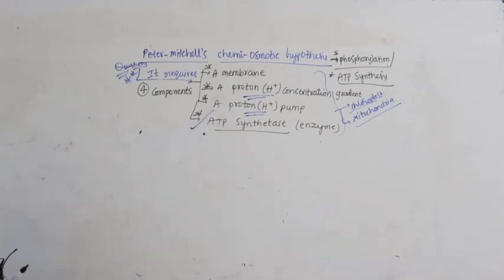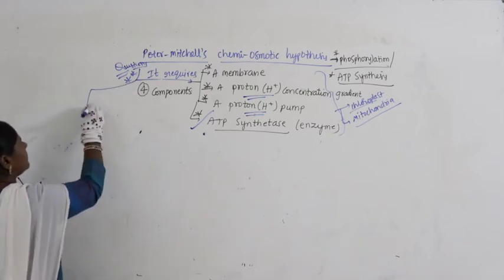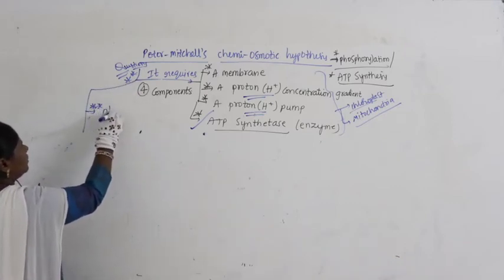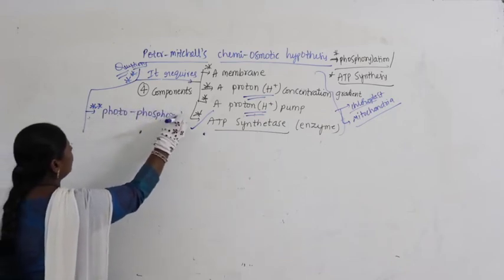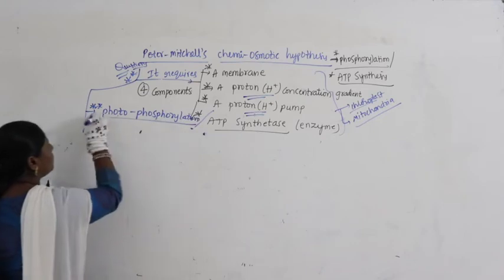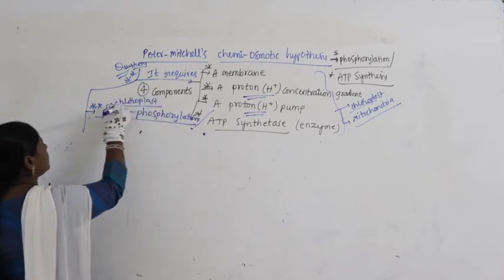Right. Before we start with the chemiosmotic hypothesis, very importantly, we are now in the chapter called photosynthesis. So what we are discussing here is photophosphorylation. You know very well where it occurs: it occurs in the chloroplast.